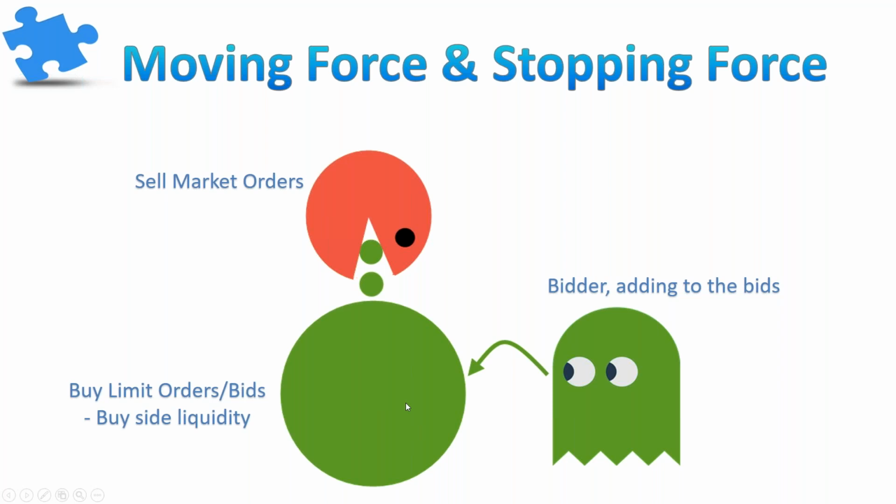And as our Pac-Man approaches a limit order, more contracts get added to those limit orders as we attempt to eat them. And that's something known as an iceberg order. So when the sell market orders can no longer eat the buy side liquidity at a level, price will stop moving down.